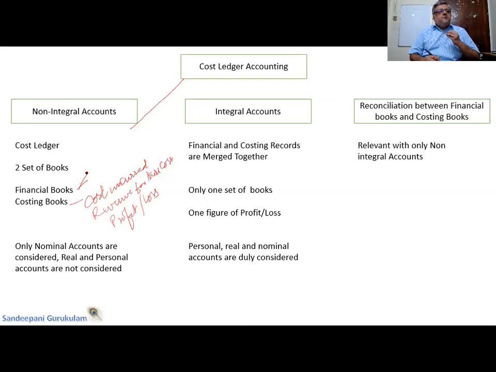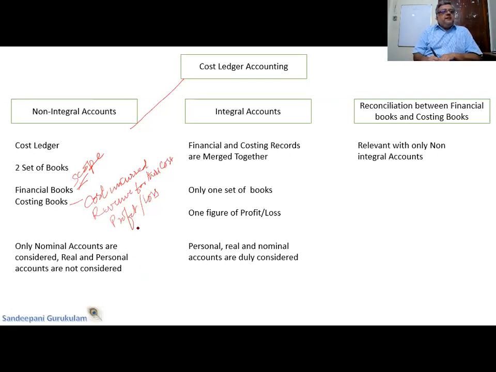For example, the costing book does not deal with dividends, income tax, and all those things, whereas the financial book deals with everything. So the scope of the financial book is very wide, whereas the scope of the costing book is a bit limited, only for costs incurred and for comparing with the revenue generated. So there is a line of difference between the objectives of maintaining these books.